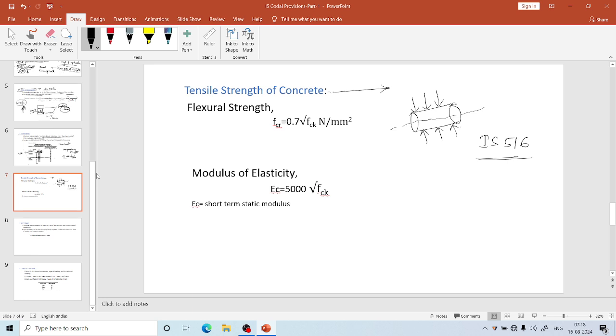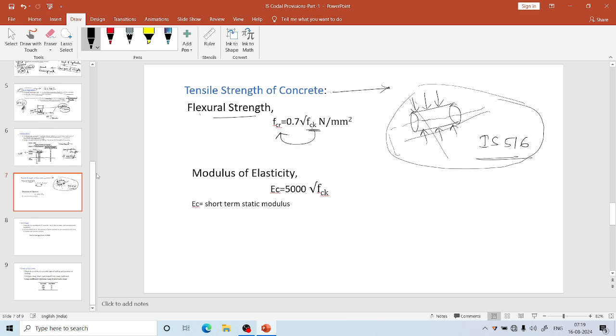But in the case of RCC, if we cannot follow this procedure, then we can infer the tensile strength, the flexural strength, from the compressive strength. We are not doing the experiment, but finding the flexural strength from the characteristic strength fck.